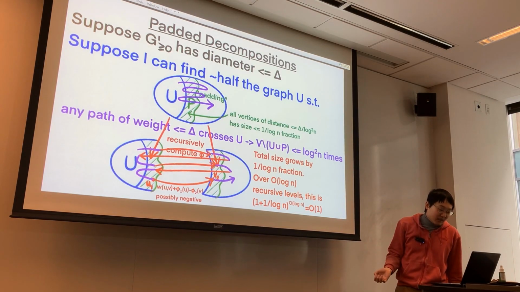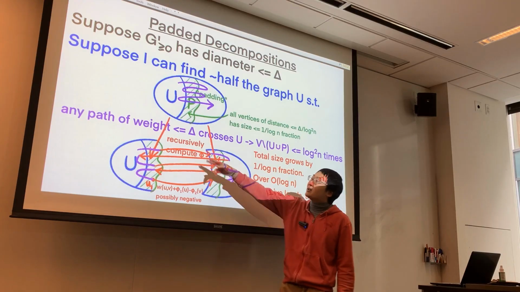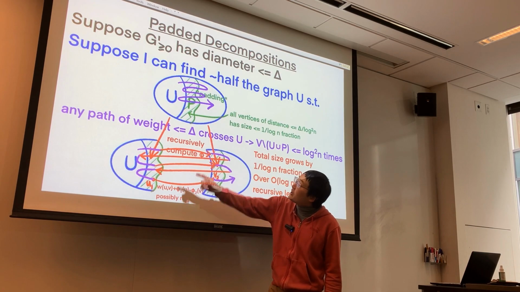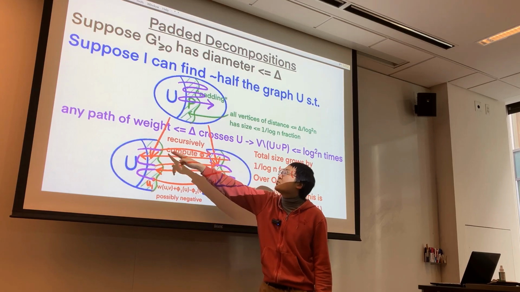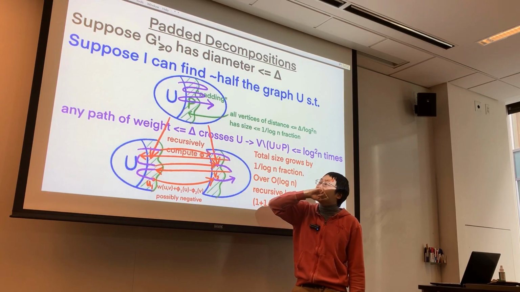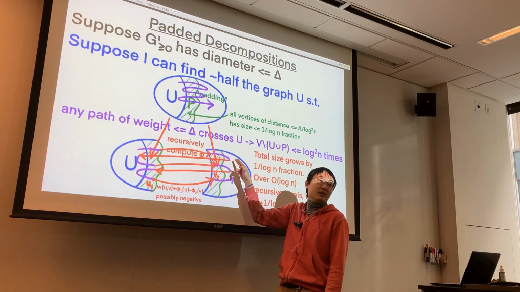But once again, how many negative edges can a path contain? Every time it goes from U to the outside of the padding, it can use one negative edge.